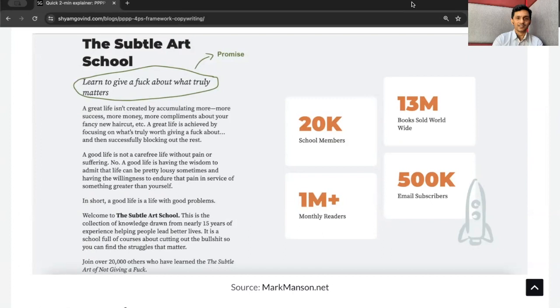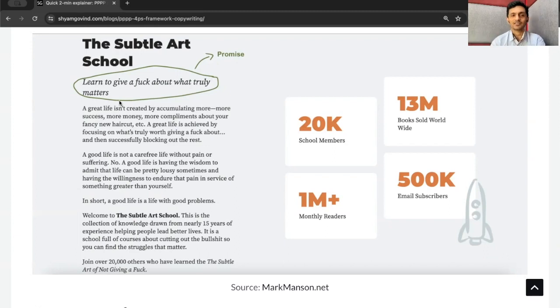So this is the sales landing page of it, and I'll show you the 4P formula in play in this example. Right? It's absolutely wonderful how he has done it. So he first of all mentions the name of the program that he has, Subtle Art School. Then he says, learn to give a F about what truly matters.